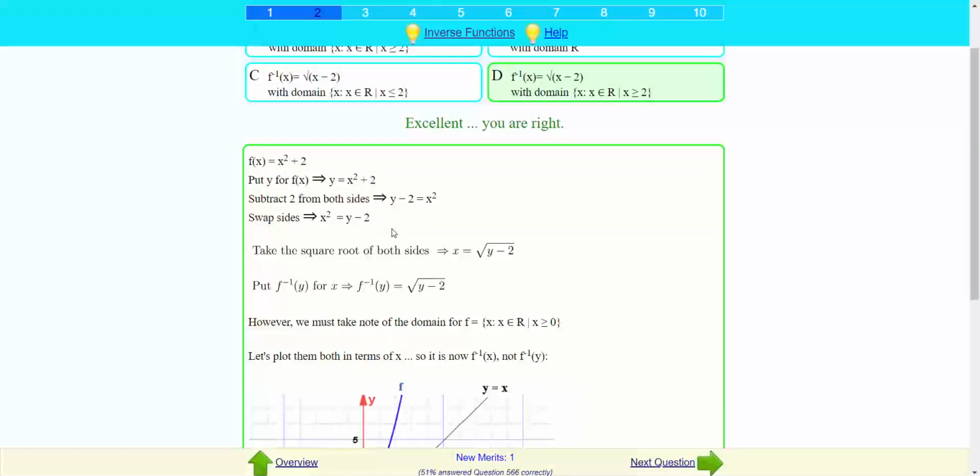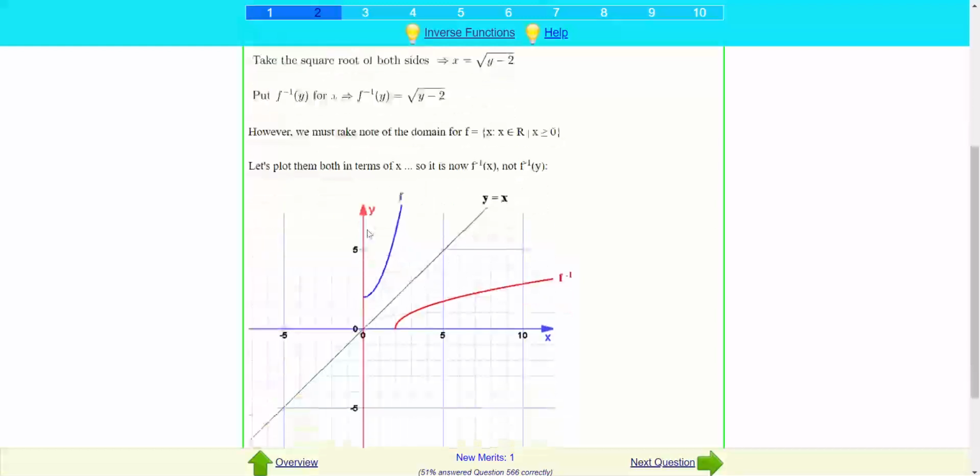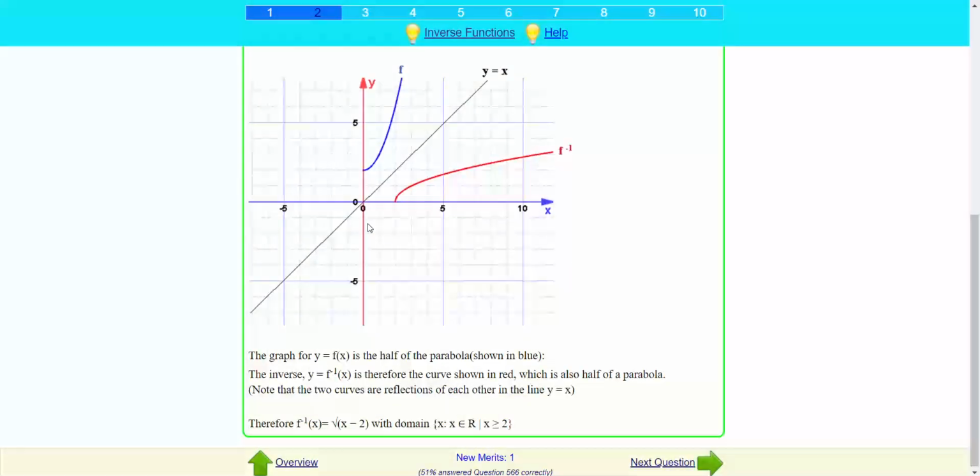So let's quickly go through this. Till here we're fine. Things get complicated when we start to consider the domain. So if you apply this, you must take note of the domain, where x is greater than or equal to 0. Let's plot both in terms of x. You can see it starting off from 2, so y is greater than or equal to 2.